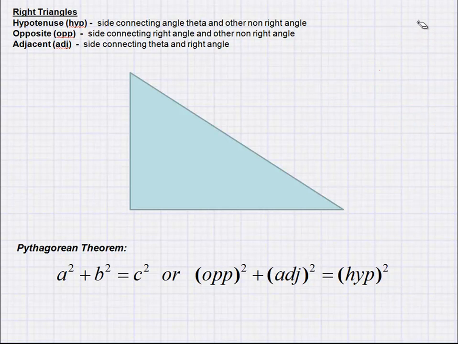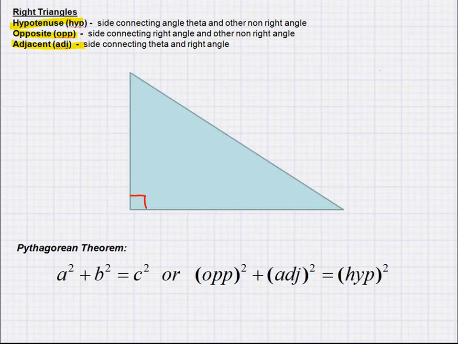So, just to be familiar with some terminology, a right triangle is a triangle that has a 90-degree angle inside of it. That angle right there is a 90-degree angle. What we need to do is look at the sides of the triangle. We label those sides hypotenuse, opposite, and adjacent, and the way you label them depends on which angle in the triangle you're talking about.